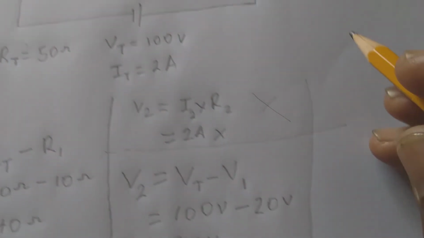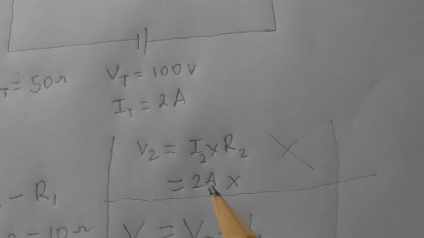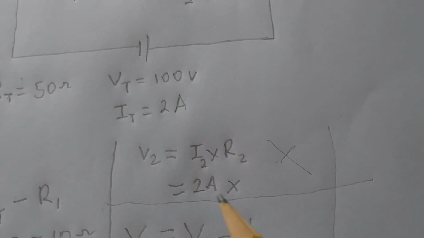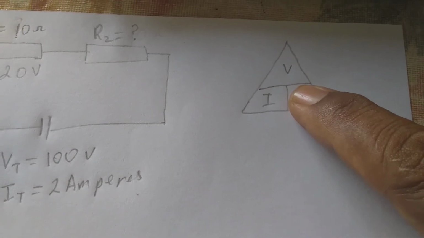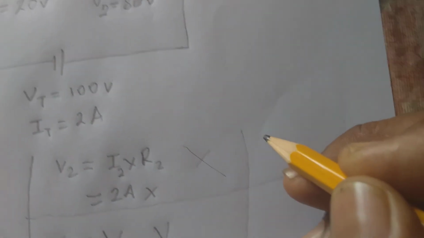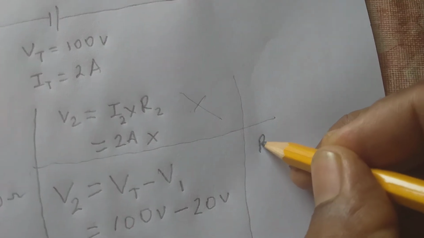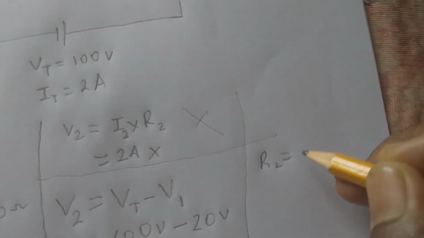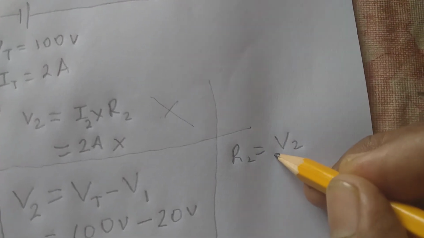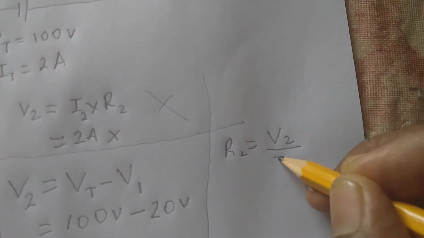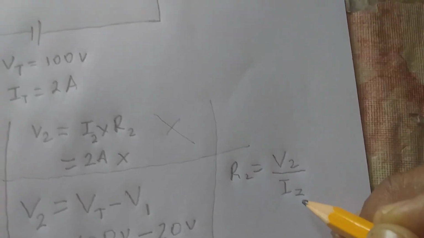So using the formula as we had here, going back to the formula, if we cover R, R is equal to V over I. So R2 is equal to V2 divided by I2.